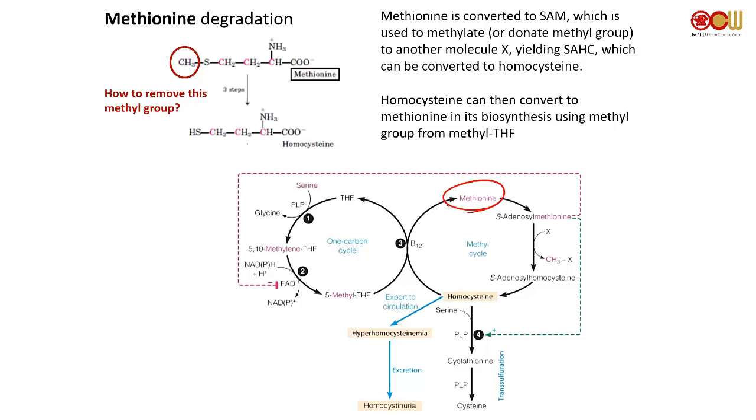Methionine first gets converted into SAM, and SAM can then donate the methyl group onto an acceptor, such that you become SAH, S-adenosylhomocysteine. This SAH can then become cysteine. So you go from methionine to cysteine, and then cysteine can go to where? Pyruvate.